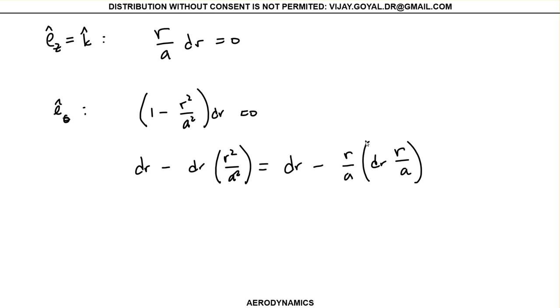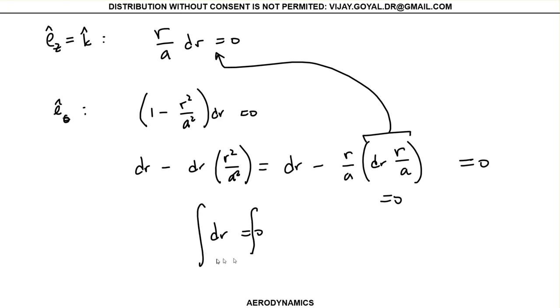Now note that this is equal to 0 because of this guy right here, right? So this is gone, and this all has to be 0. And so from here we find that dr has to be 0. So if I take the integral on both sides, I can show that r is equal to a constant. Okay, so that's the value that I get.